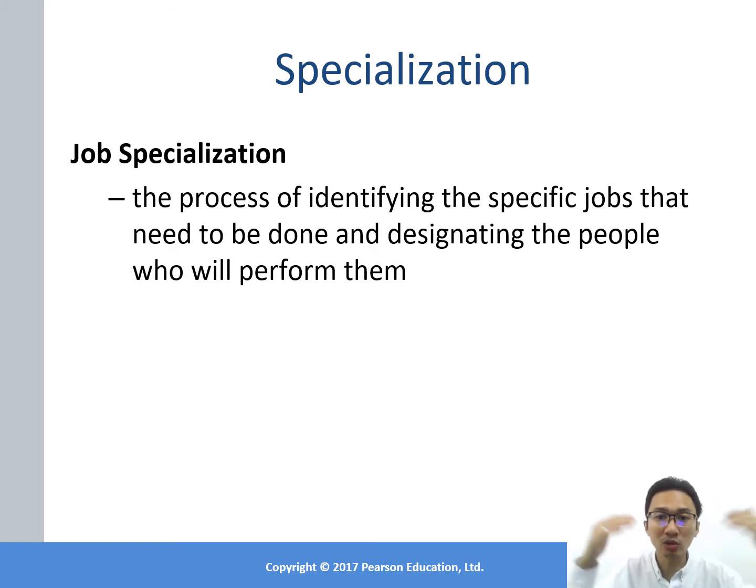But as the company grows, the need to break down and specialize job increases. And any managers or owners who keep on doing all the jobs on their own, who do not perform job specialization, will suffer from a couple of things, such as lack of efficiency. Their company is not efficient because they don't want to break job, they do all the things. It just doesn't make sense.